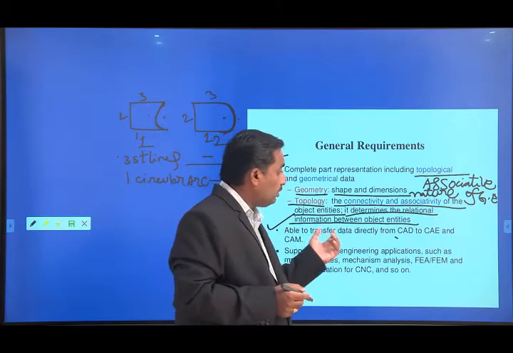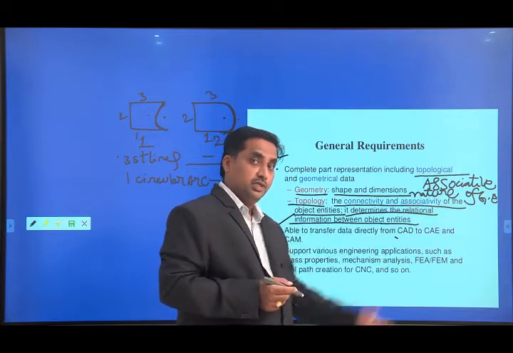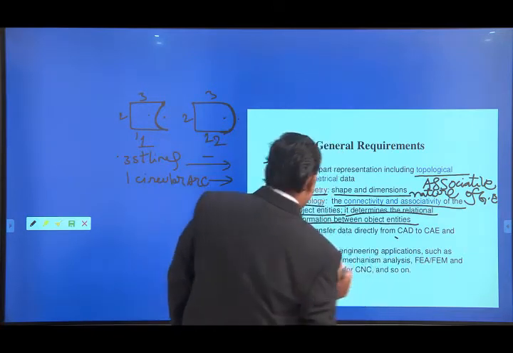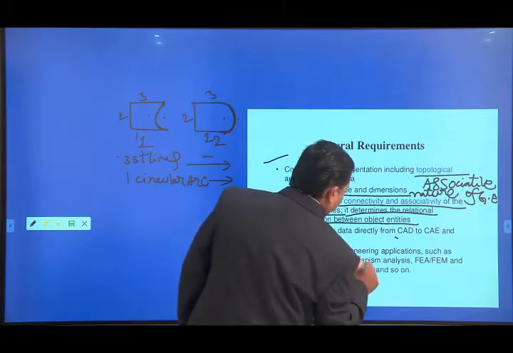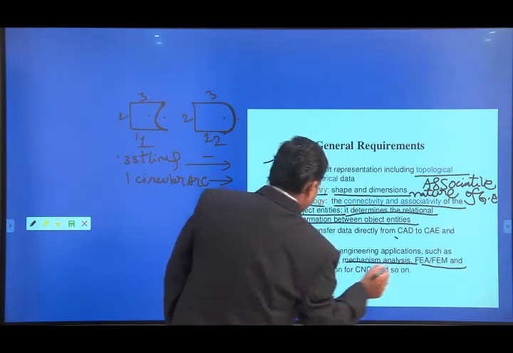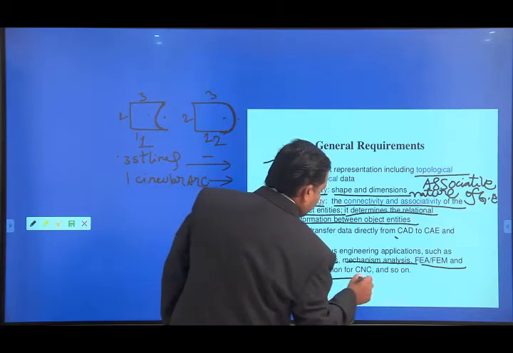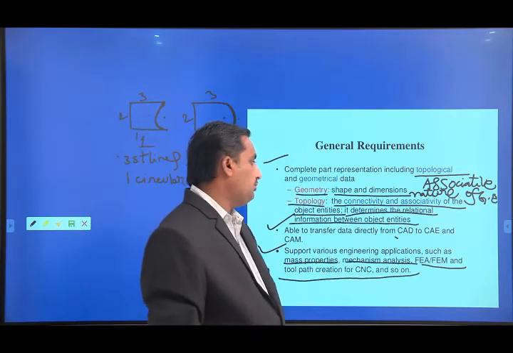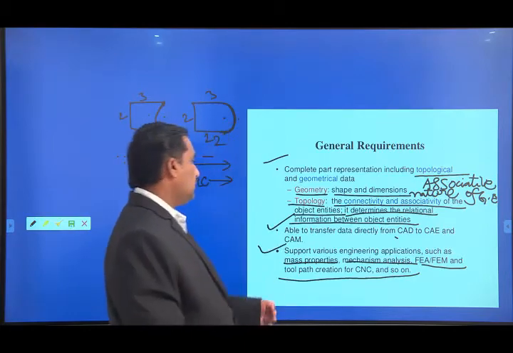That data we have to transfer directly from the CAD system to CAE and support various engineering applications such as mass properties, mechanical analysis like FEA and FEM, and tool path creation for CNC and so on.